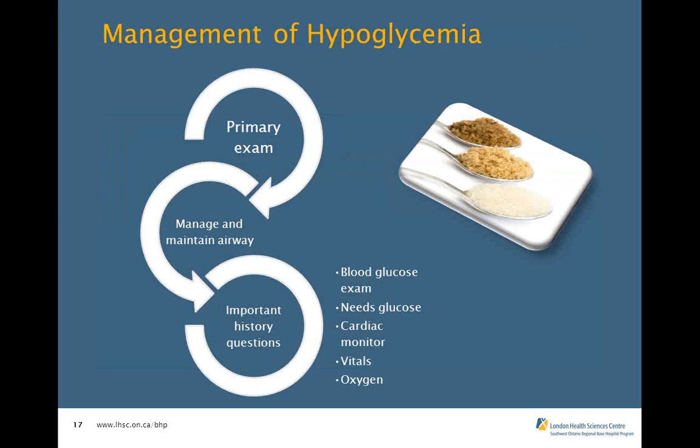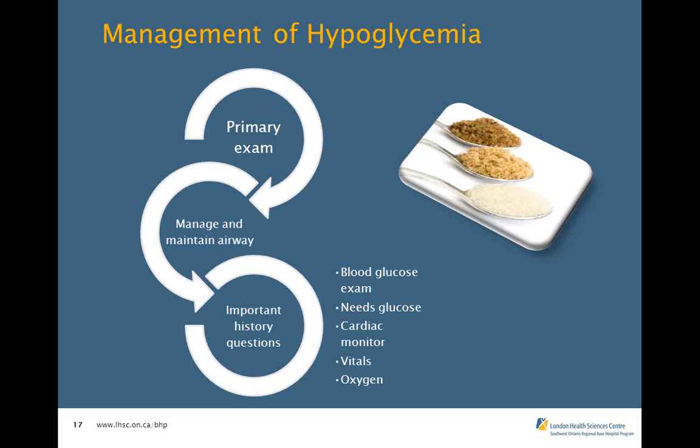So if we talk about management of hypoglycemia, obviously the first thing with any patient is to do a primary assessment and try to figure out what's going on. And with all patients, especially ones with a decreased level of consciousness, you want to do the basic support things: airway, breathing, circulation, monitoring, and oxygen.